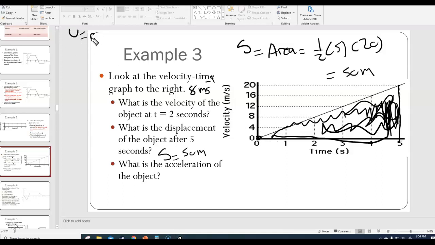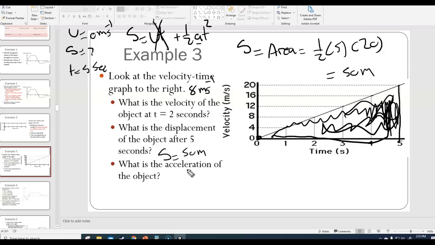So if we have u equals 0 meters per second, and let's say we want to find S, and we have a time of 5 seconds, then I could use the equation S equals u times t plus 1/2 a t squared. Okay, now this would be 0, because there is no initial velocity. We don't have the acceleration quite yet, but let's look at the last part of example 3.